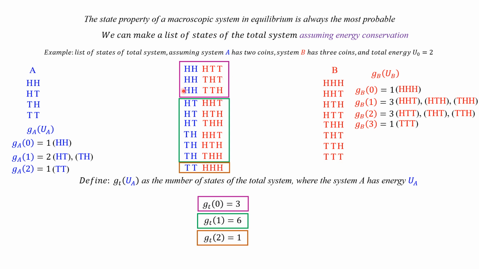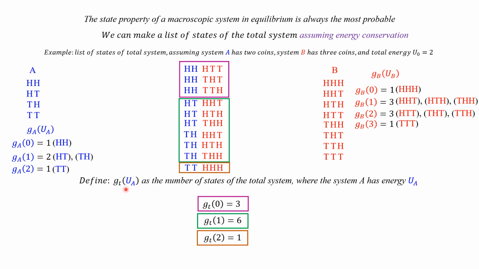In these 3 states, system A has 0 units of energy. So the answer is 3. If you want to know gT of UA equal 1, we need to identify in how many states of the total system system A has 1 unit of energy. And these are these 6 states within the green box.